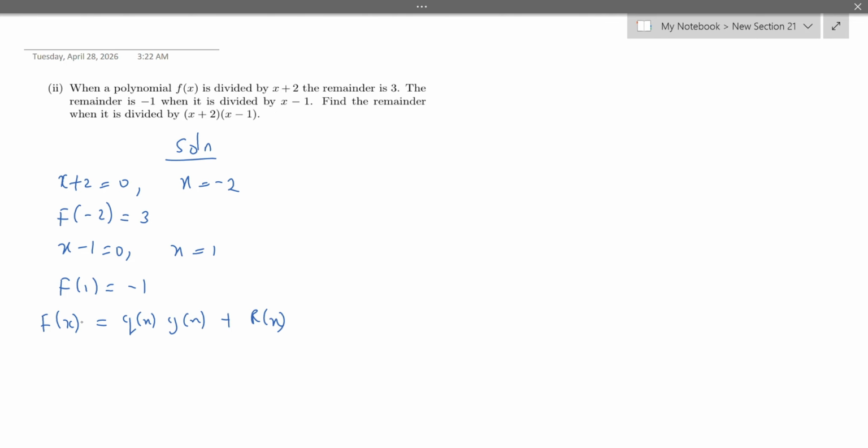This is how to express f of x. q of x is the quotient, g of x is the divisor, what you are using to divide f of x, and r of x is the remainder.